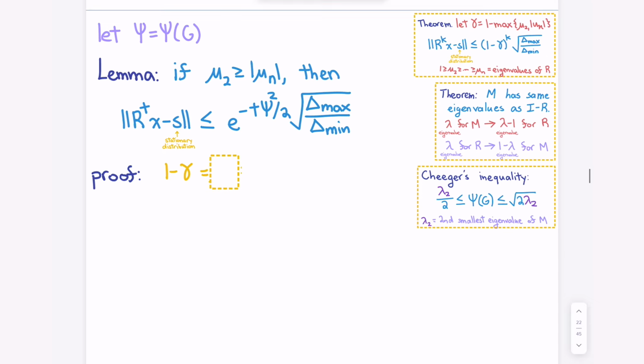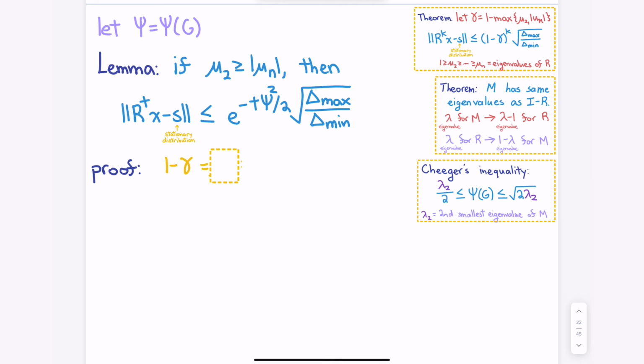Okay, so we're going to do it in two steps. Remember gamma is either the second eigenvalue or the nth eigenvalue, the negative. So let's first assume that it's the second one. I'm going to assume that mu2 determines the gap, so that you have something like this.